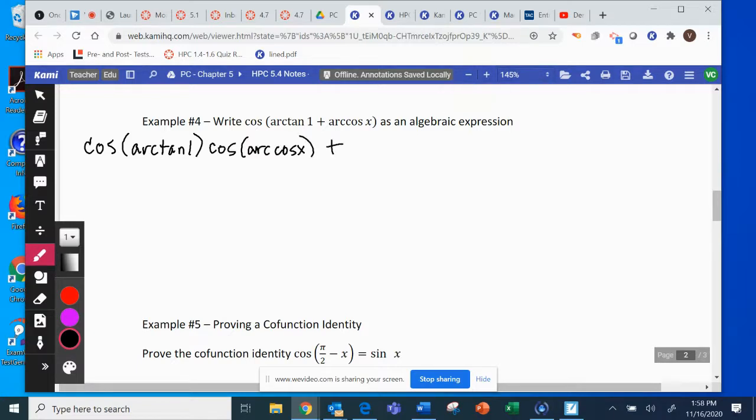It's not plus though. The cosine is like opposite the sine. So if it is a plus, it ends up being a subtraction. And then I do sine of the first angle multiplied by sine of the second angle.